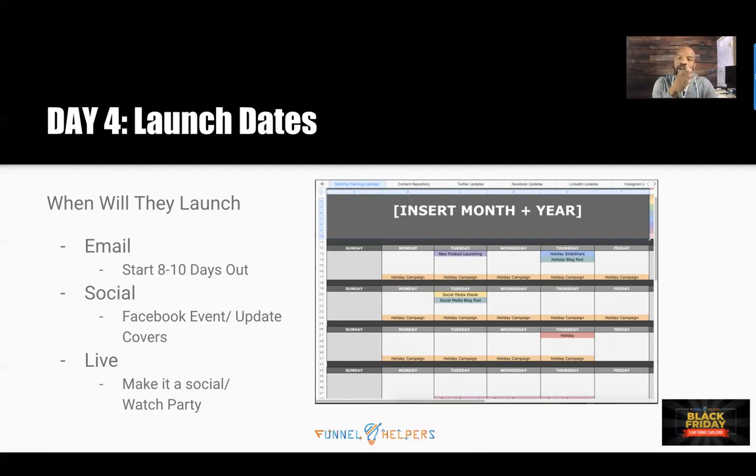Depending on what blueprint will determine when you're going to launch your campaign. Also, I recommend starting that email warming up process at least 8 to 10 days out, which means it should be starting soon, right? That warming up process, so that the week of Black Friday, you can get more intentional, all right?